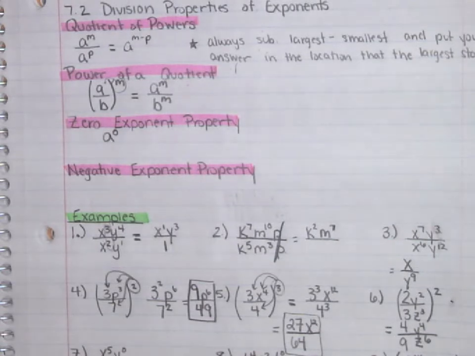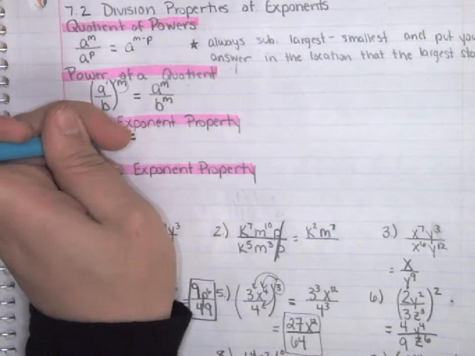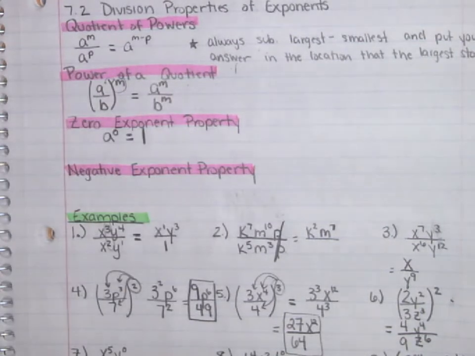Anything, and I do mean anything, to the 0 power is the whole number 1. So if it's only connected to one variable, it cancels out that variable. If it's connected to a whole big group of things, that whole thing is canceled out to make just one.